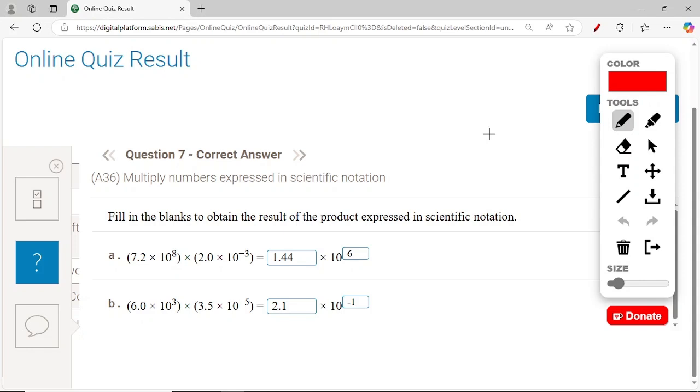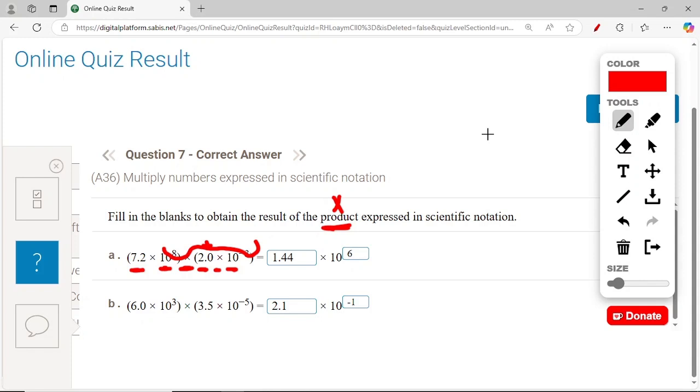Fill in the blank to obtain the result of the product, expressed in scientific notation. Okay, I have 7.2 multiplied by 10 to the power of 8, multiplied by 2 multiplied by 10 to the power of minus 3. Because I have multiplication, so I have 10 in here, so I will add the powers here. So 8 plus minus 3.